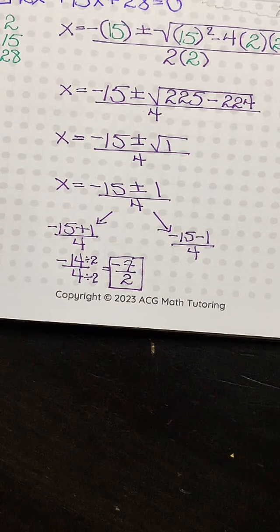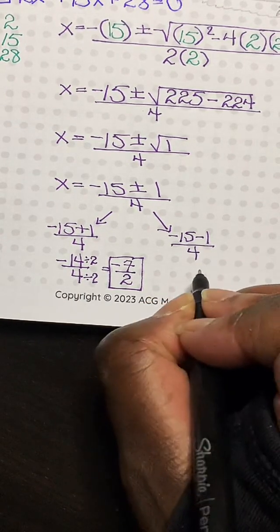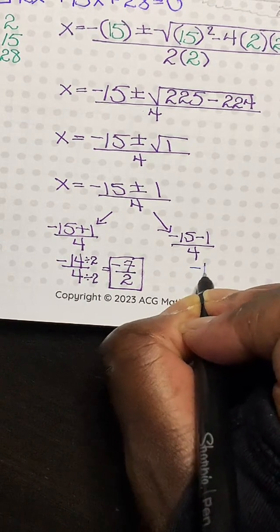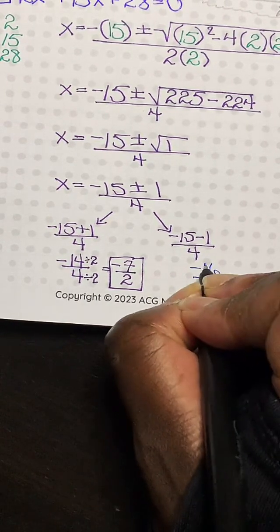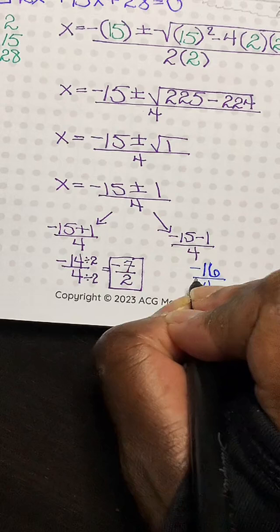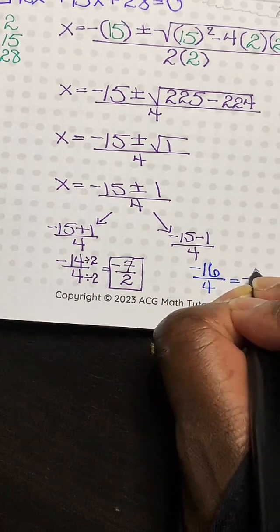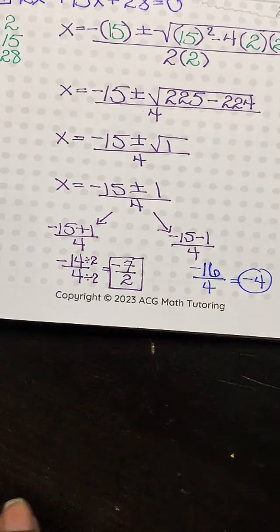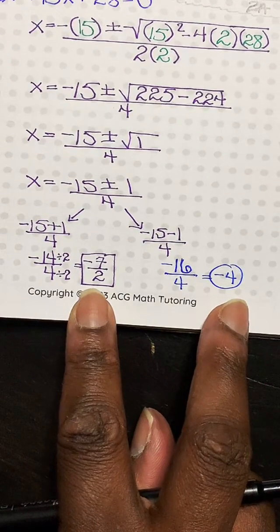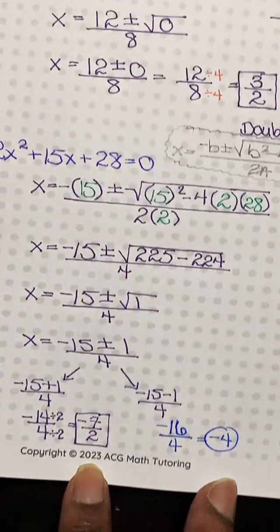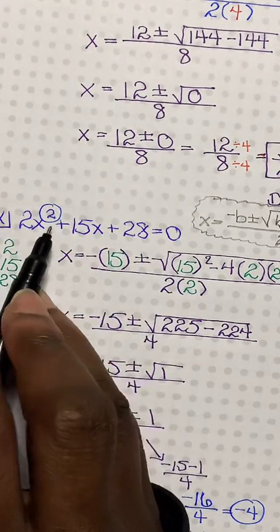Now, for the other one, we have negative 15 minus 1. That gives me negative 16 divided by 4. Negative 16 divided by 4 gives me a negative 4. Since I have two solutions, I knew ahead of time I was going to have two solutions because of my highest degree.